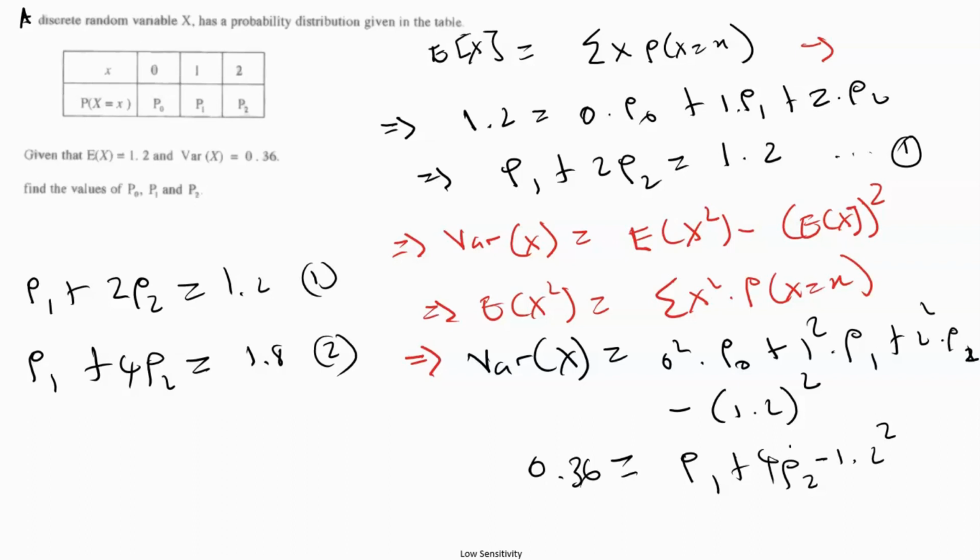So this looks familiar. Now we've reduced this to simultaneous equations, so we can solve them. We have two equations: P1 plus 2P2 is equal to 1.2, and the second equation, P1 plus 4P2 is equal to 1.8.